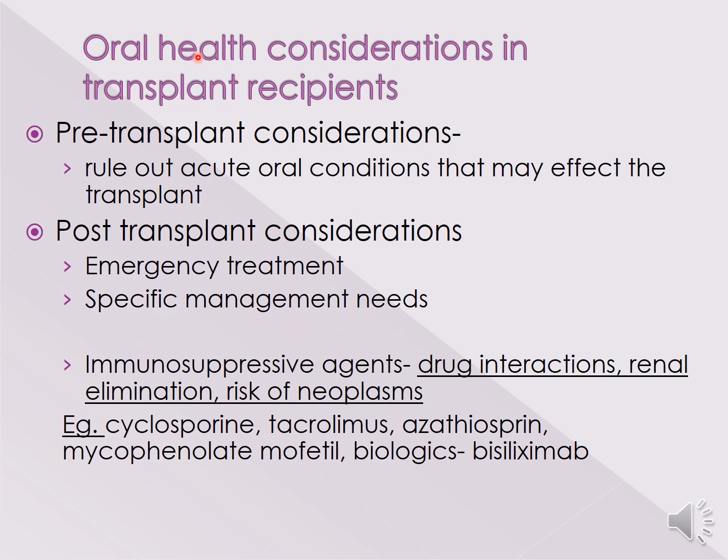When we're looking at oral health considerations, we must understand that all transplant patients would be placed on immune suppressive agents. These agents can cause other drug reactions, they have renal elimination, and can also induce risk of neoplasm. Examples of some of the immune suppressive agents are cyclosporin, tacrolimus, azathioprine, mycophenolate mofetil, and biologics like basiliximab.